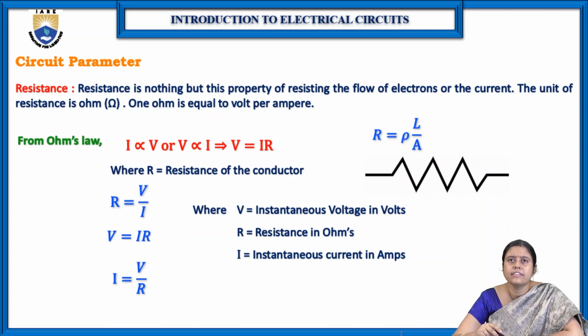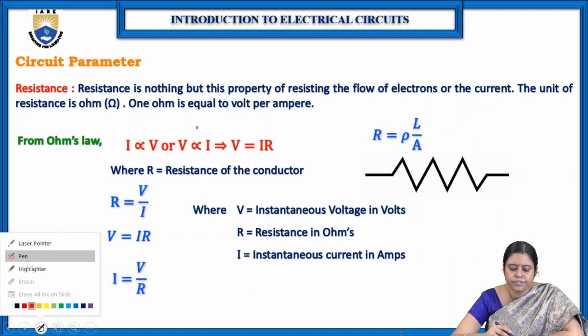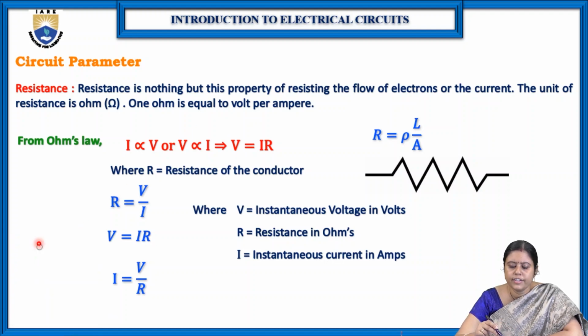So current is directly proportional to the voltage, or we can write voltage is directly proportional to the current, which means if we take the proportionality constant as R, R is known as the resistance of the conductor.